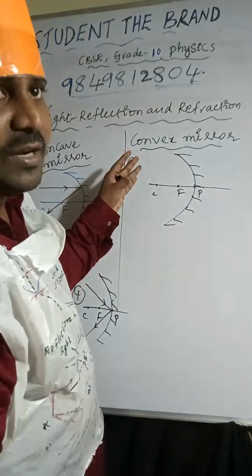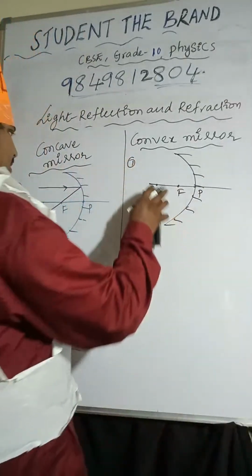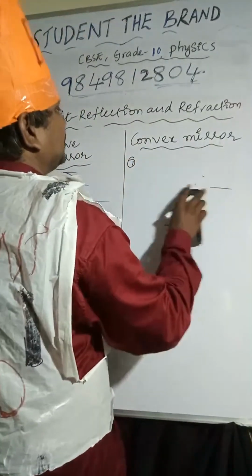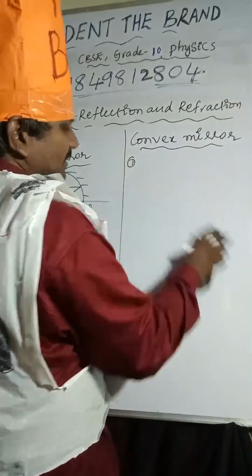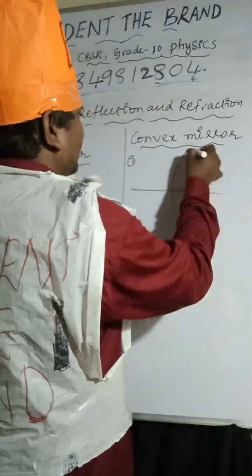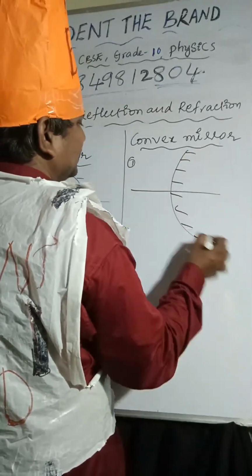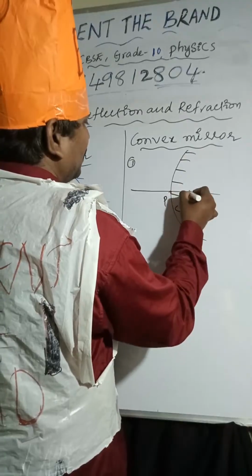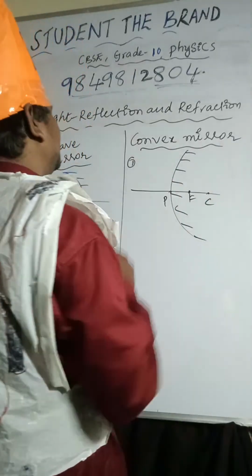Is this concave mirror or convex mirror? Concave mirror. What we are going to discuss? Convex mirror. So convex mirror is like this. Pole, focus, center of curvature.